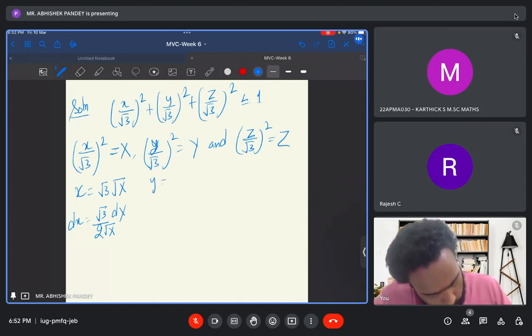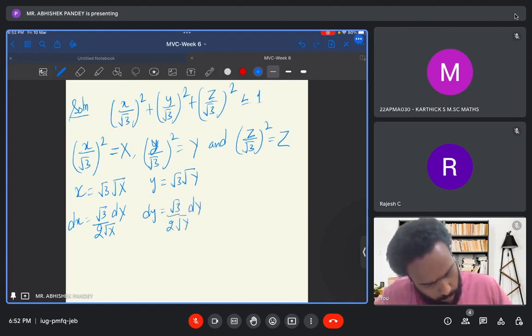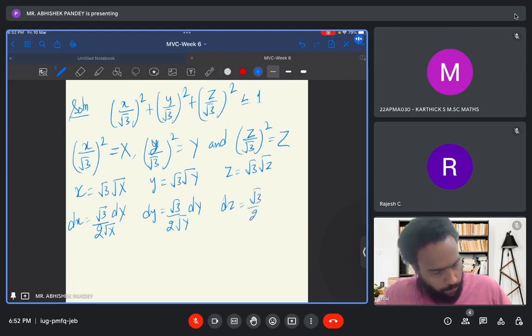And y is equals to root 3 root over y, so dy is root 3 by 2 root over y dy, and z is equals to root 3 root over z, so dz is equals to root 3 by 2 dz by root over z.